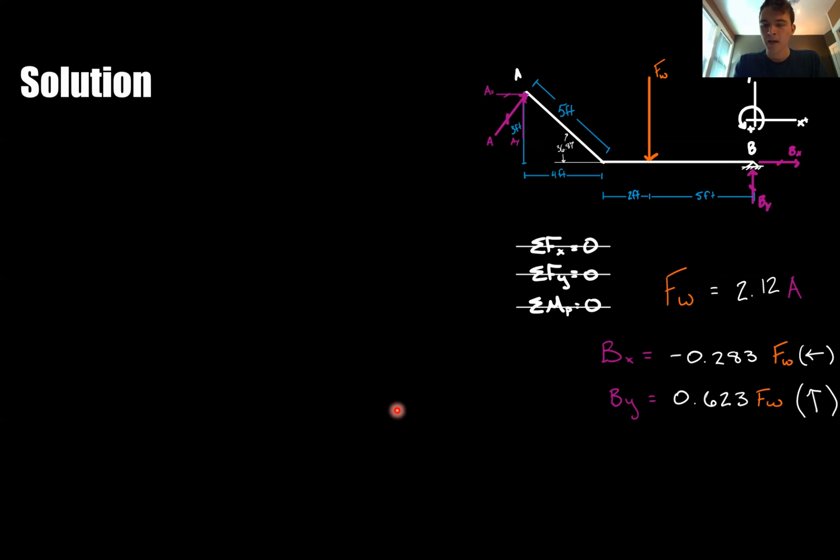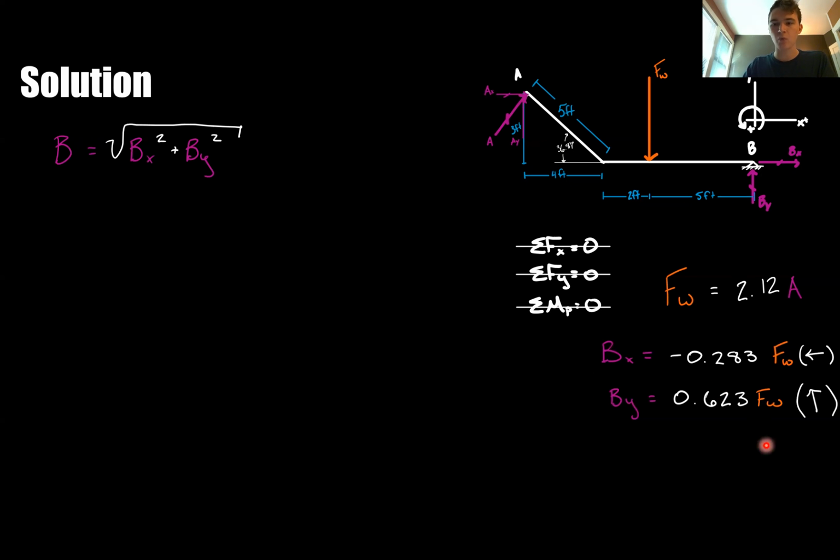So I want to make a note that the problem told us that B could only possibly support 21 kips. 21 kips total, meaning resultant, the magnitude. And here we have BX and BY, which are components of a resultant force. So we're going to find the magnitude of B from BX and BY, because the total supporting force is 21 kips.